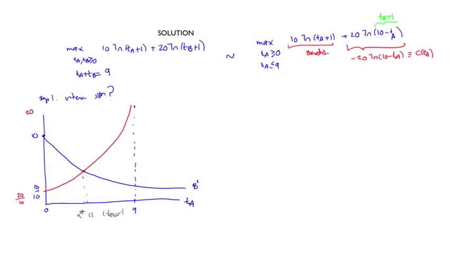Now, what's the second step? Now that we know that the solution is interior, we can apply the formulas that we have. So we know that TA star and TB star are going to solve the following two equations. Remember, in the shape of the problem, this is going to be the equivalent of U of TA, and this is going to be equivalent to B of TB.